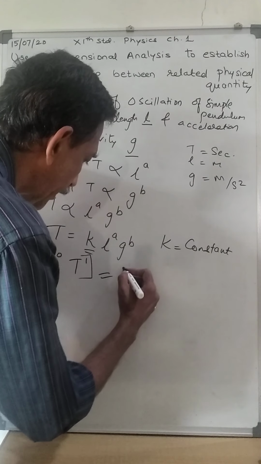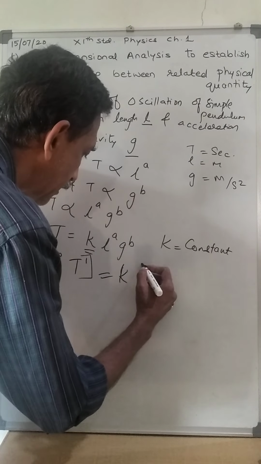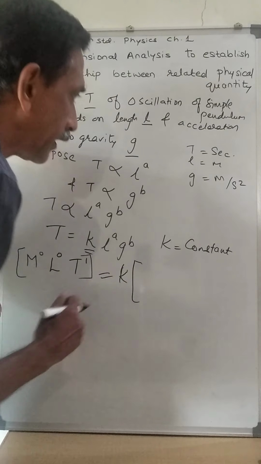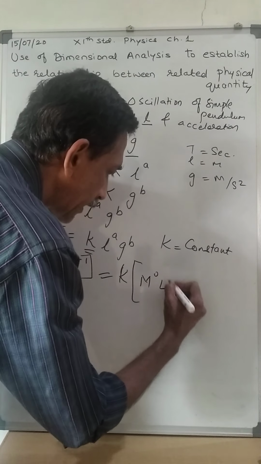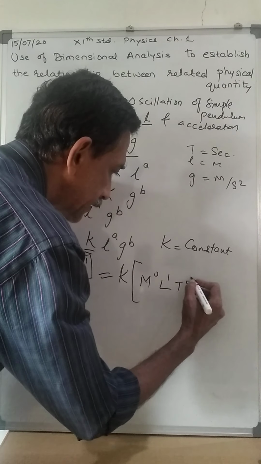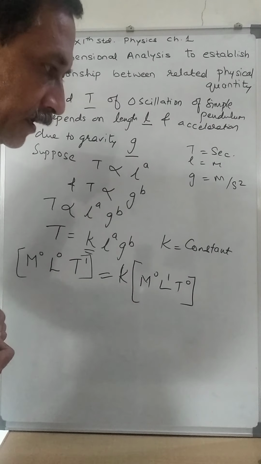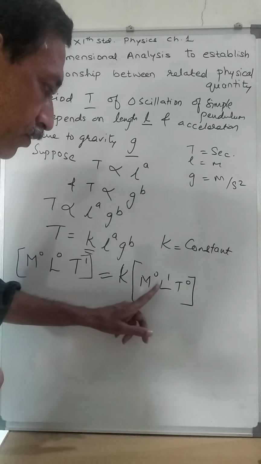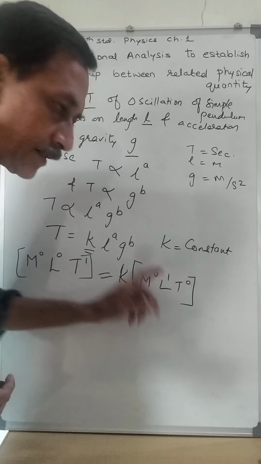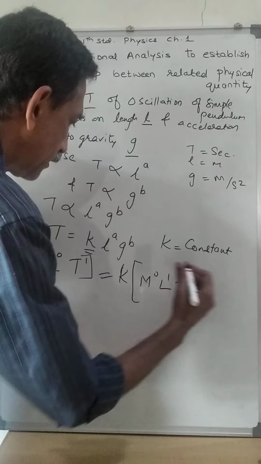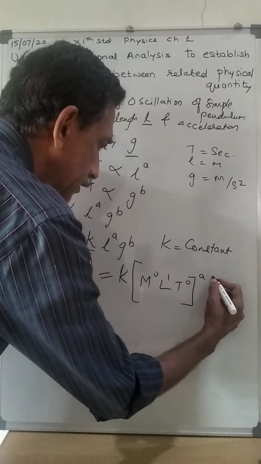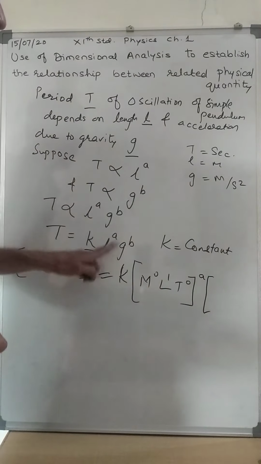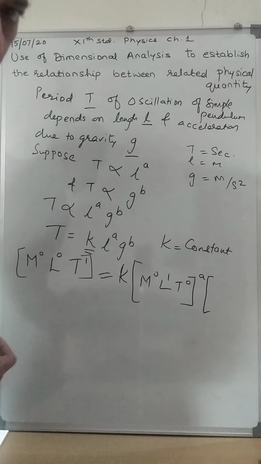Now we go to the right hand side. K into L. L is meters, so again mass is 0, L is 1 and T is 0. That is M0 L1 T0, raised to A. Into the second bracket, G raised to B. G is meter per second square.